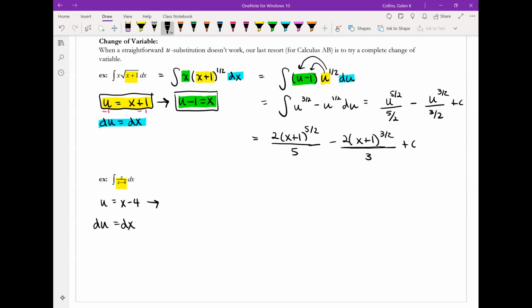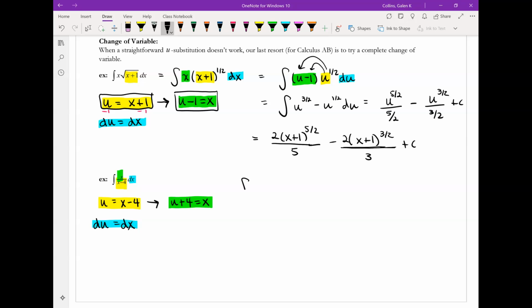And just like we did before, we're actually going to solve our u substitution equation for x as well by adding 4 to both sides. So u plus 4 equals x. All right, so that x we're going to replace with a u plus 4. Our x minus 4 we replace with u. And then our dx just becomes a du.